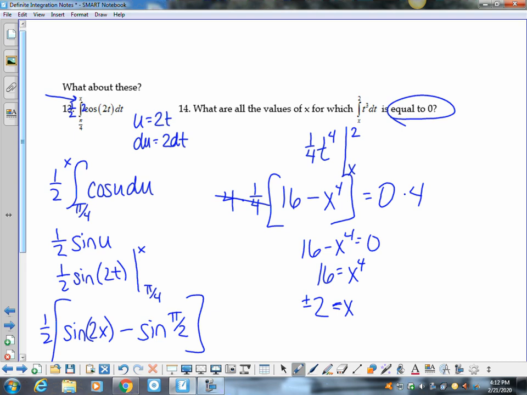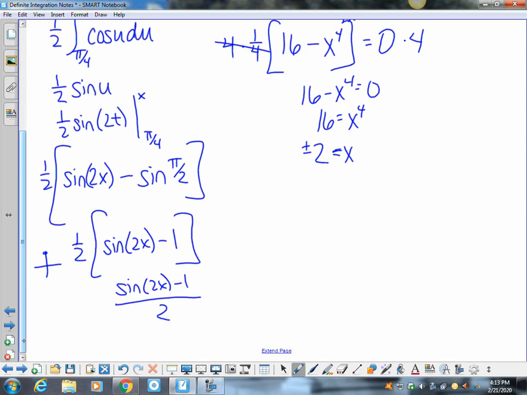Because 2 cubed is 8, so 2 to the 4th is 16. And it's kind of alluding to the fact that you could have more than one answer there. What are all the values of x? So don't forget your plus or minus, because you know if it was multiple choice, positive 2 would be choice A.